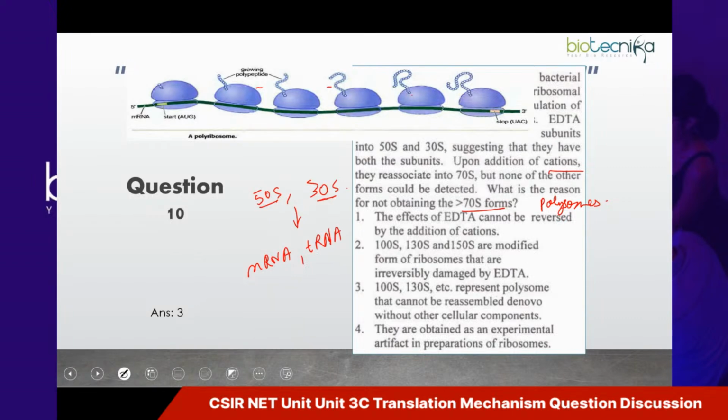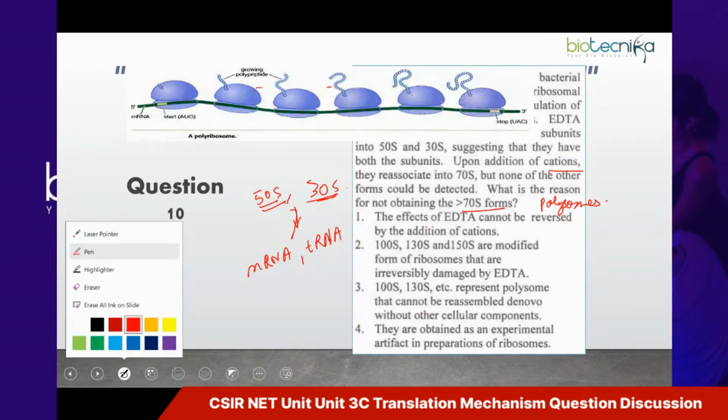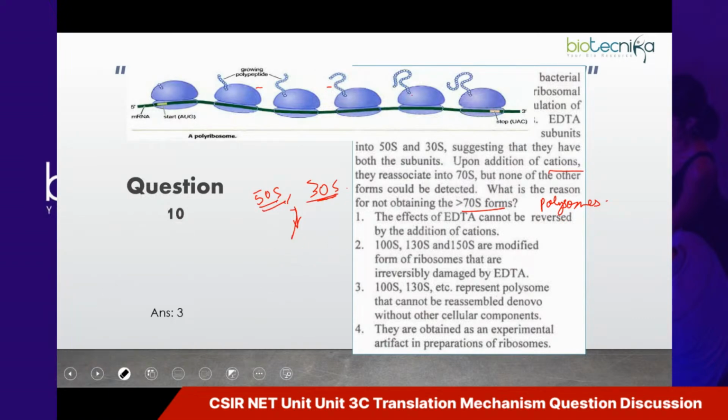Only when all these requirements are there can the polysome be formed. Just adding cation will only combine them to form the 70S form. The more than 70S form requires the other cellular components also.